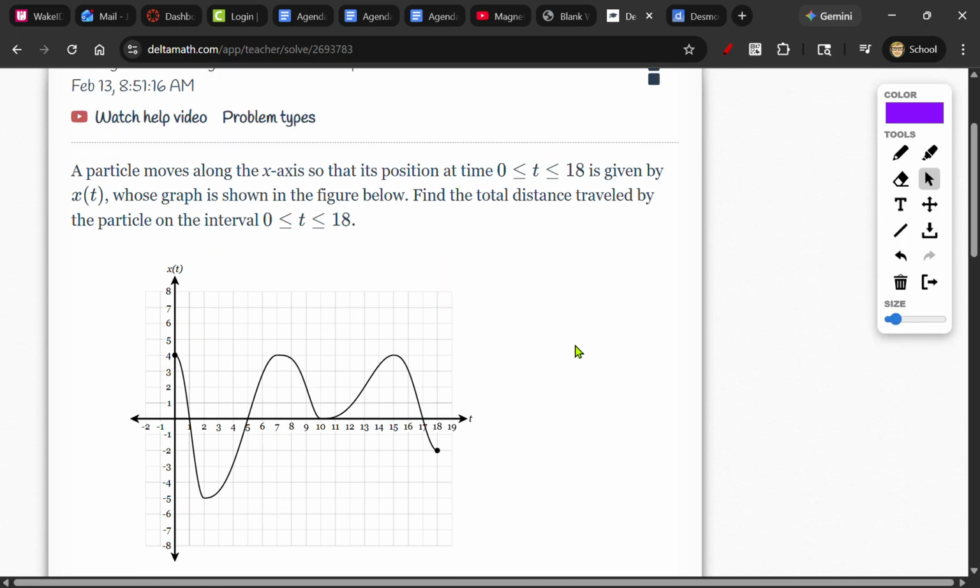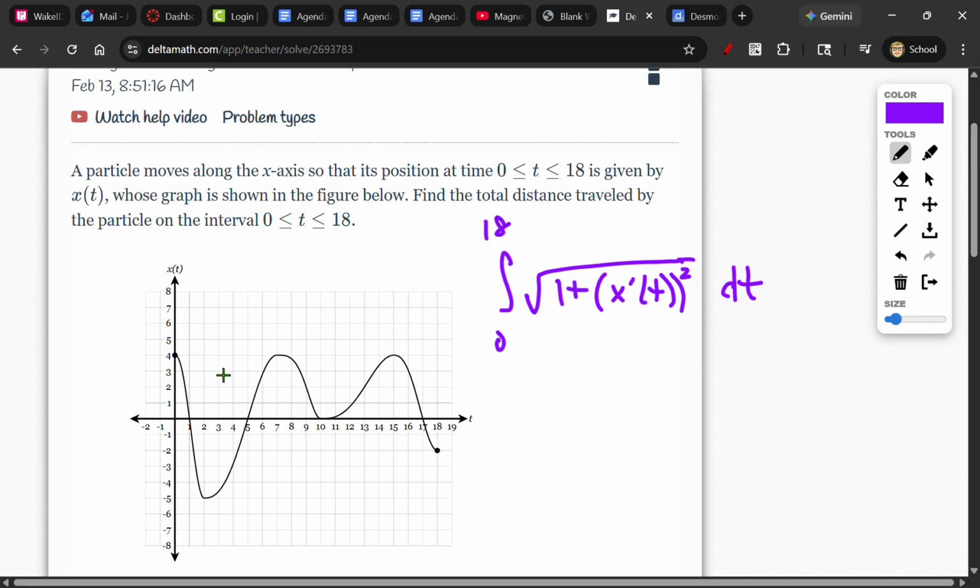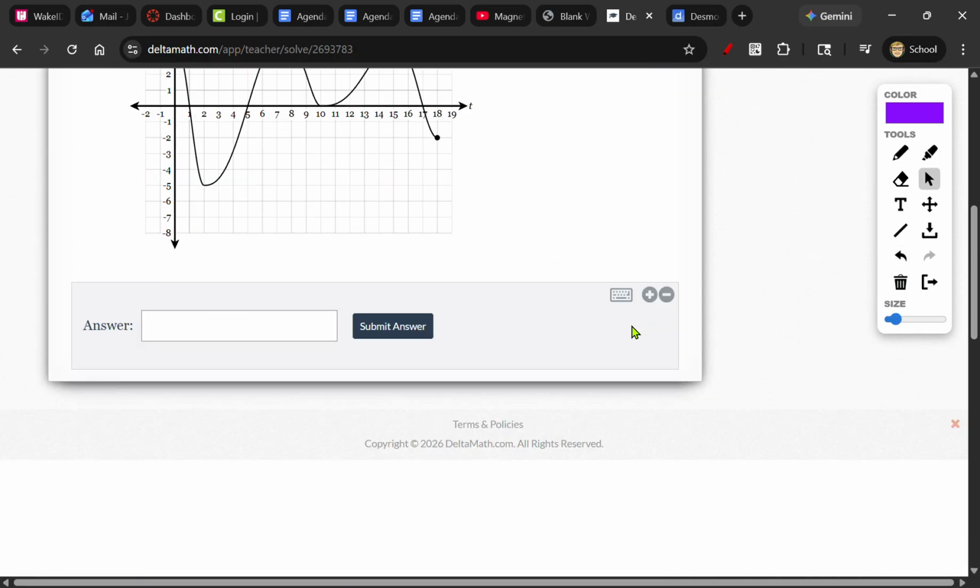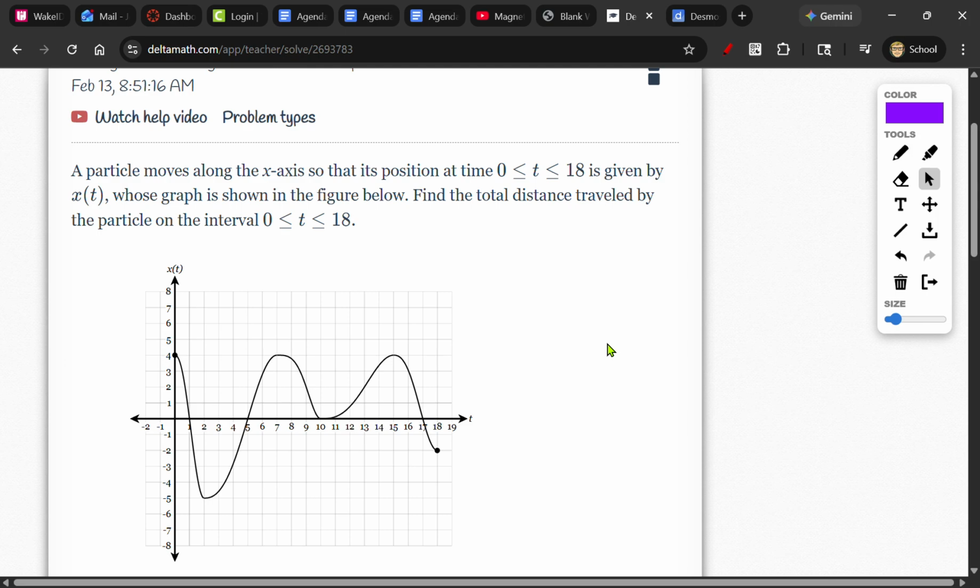So the way that you're going to do this is you need to do your integral from 0 to 18 of square root 1 plus x prime of t squared dt, right? And this is a graph of x of t, right? This is a graph of x of t. So we would need some information about x prime of t to do this.